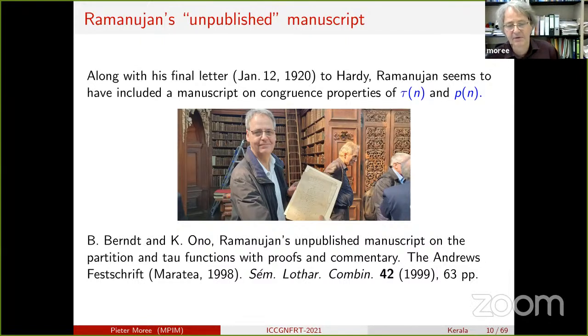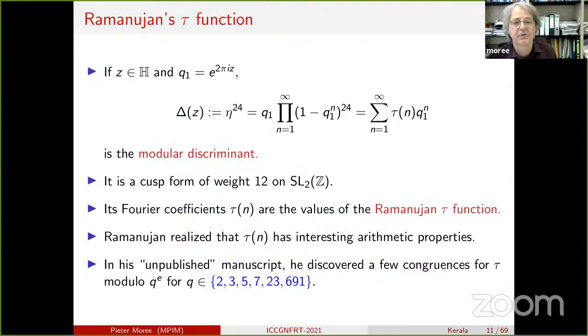So it's a highly intriguing manuscript. It's totally full of formulas in an extremely compact way. So it's something one would have to study for a long time. And actually Hardy made some start with it, but he only worked out some formulas. So it's an incredibly rich manuscript.